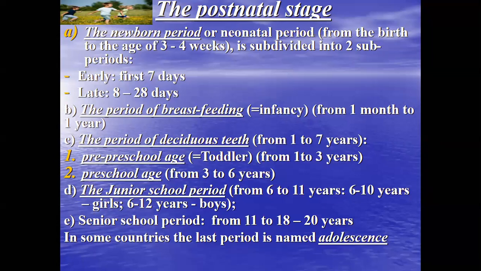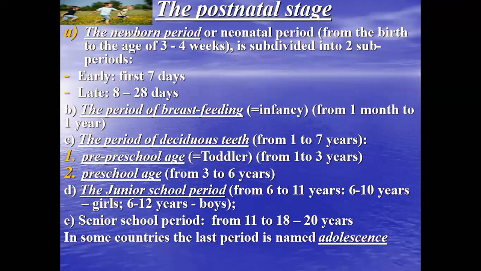Then the period of deciduous teeth from 1 year till 7 years, and it's also subdivided into two sub-periods: preschool age, or we call these children toddlers, from 1 year till 3 years, and preschool age from 3 years till 6-7 years, and the junior school period from 6-7 years till 11 years.